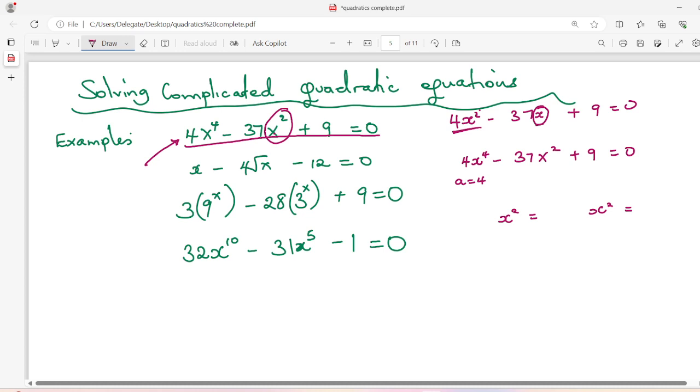And when you solve it, you end up getting your answer as a quarter and 9.